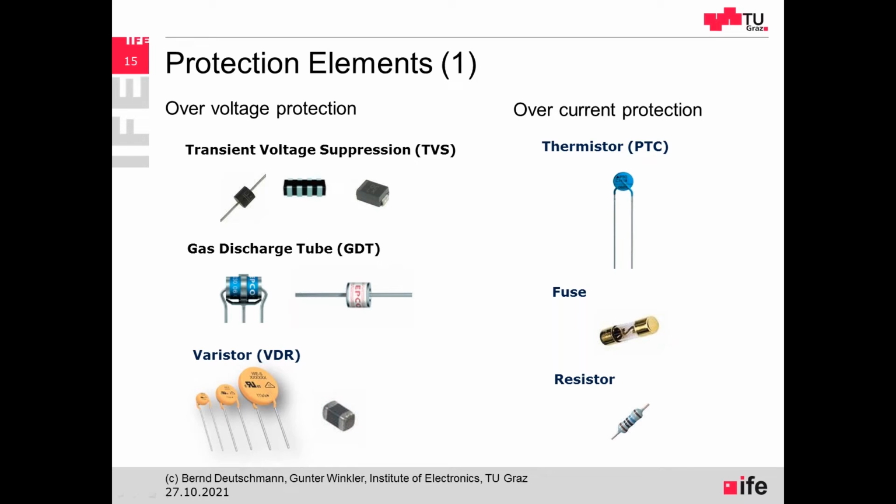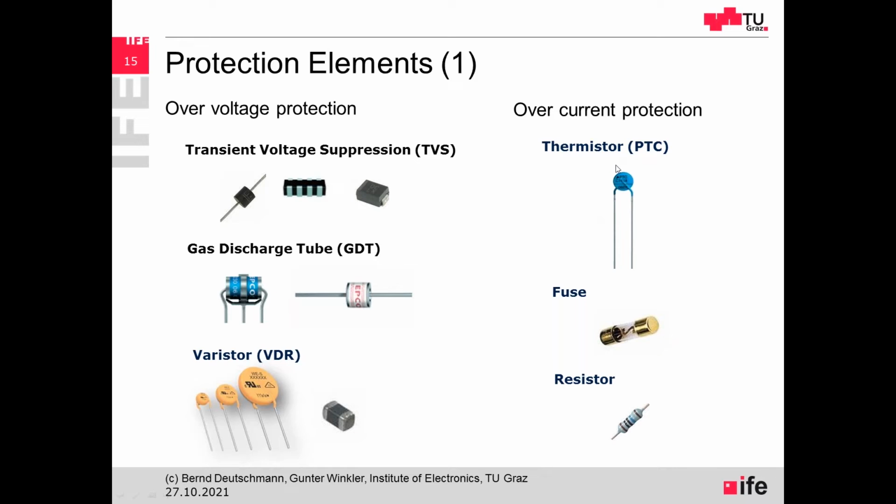Usually these transient voltage suppressing elements are placed in parallel to your device under test. So if there is an electrostatic discharge, then these protection elements provide a low impedance path, very often down to ground, to divert the electrostatic discharge to ground before it can enter the integrated circuit, for example.